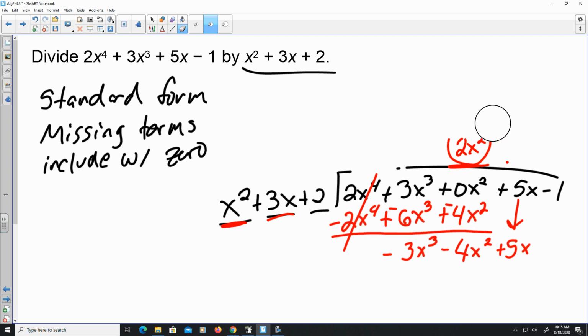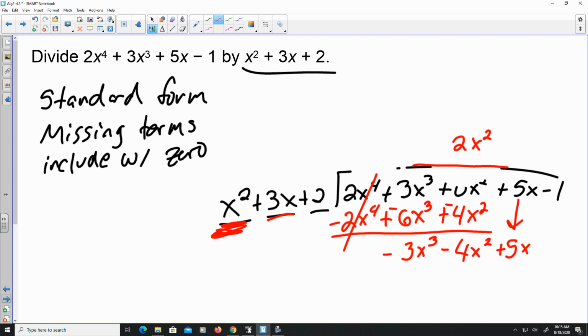Here, I'm just going to get rid of the circle. So this was 2x squared. And now the next value is whatever you place next, when you multiply it by x squared again, I want it to be negative 3x to the third.